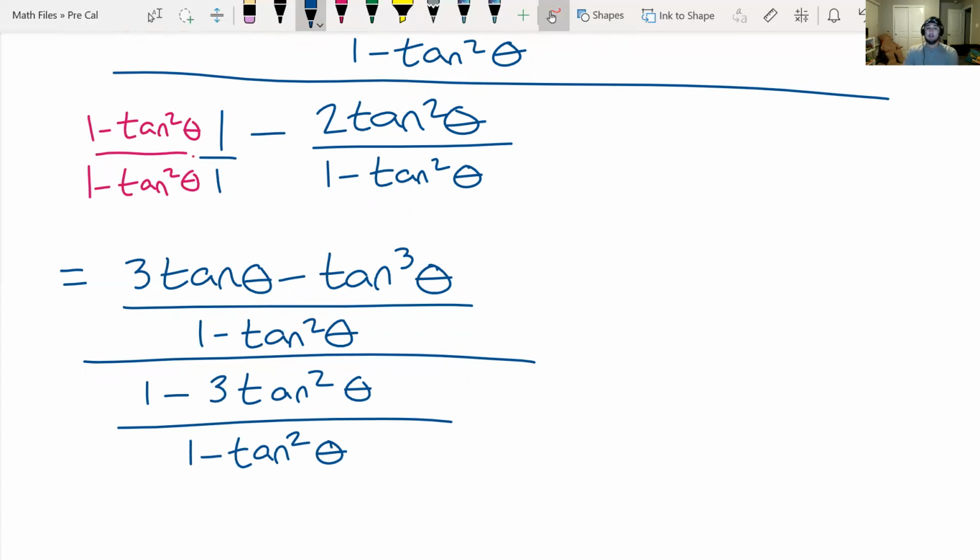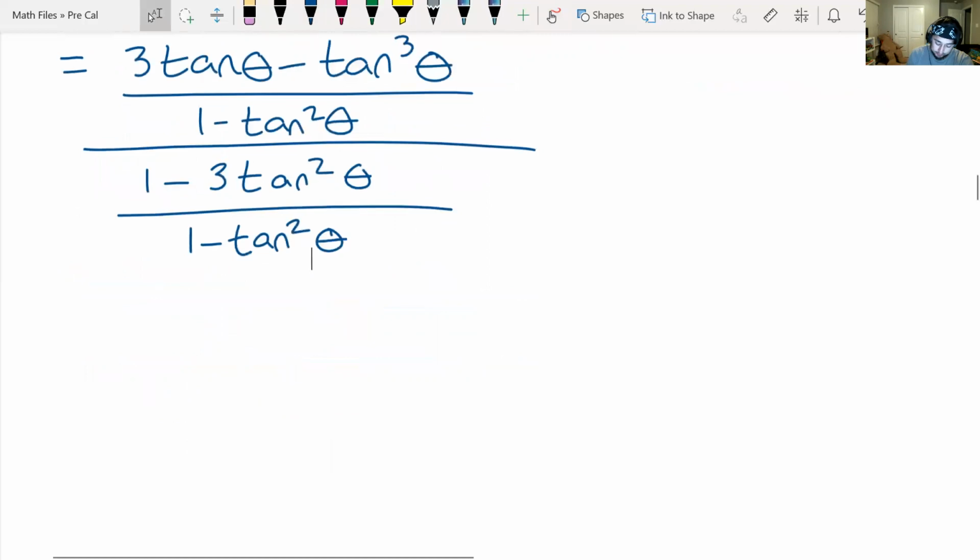Okay, almost there. You now have a fraction over a fraction, so you will multiply by the reciprocal.